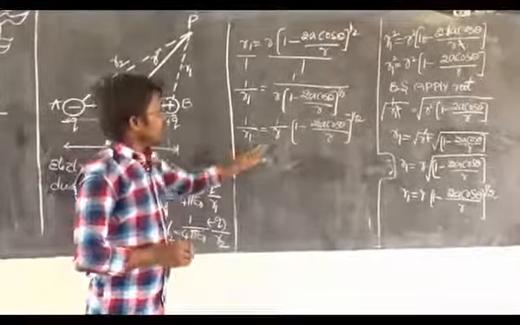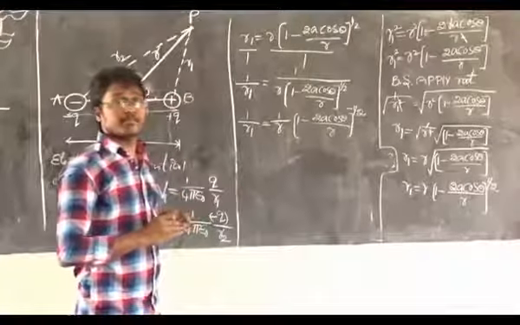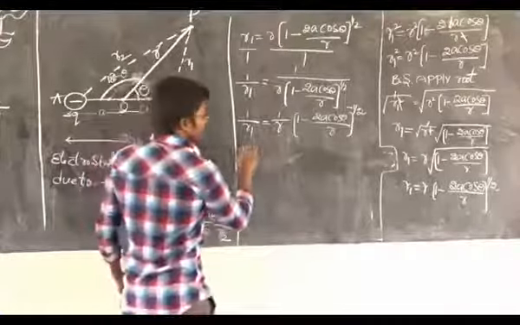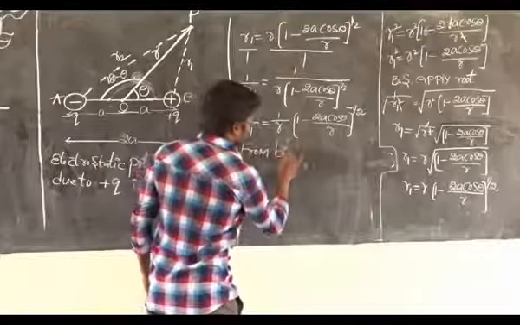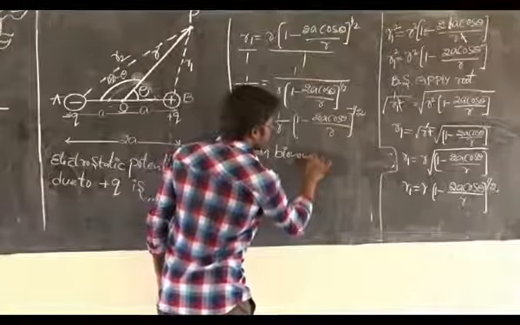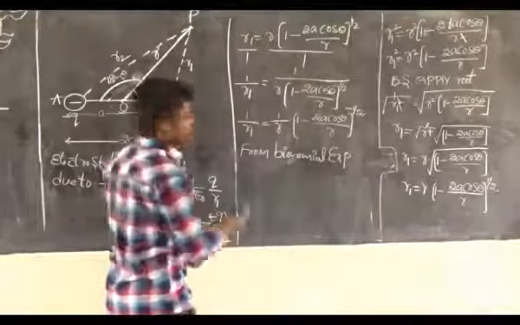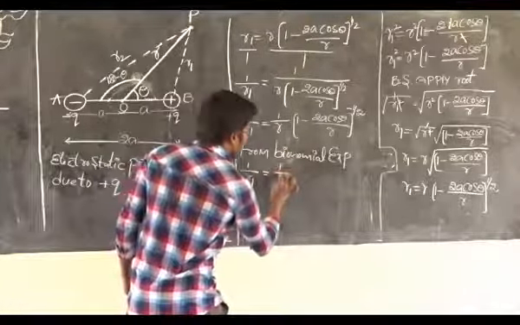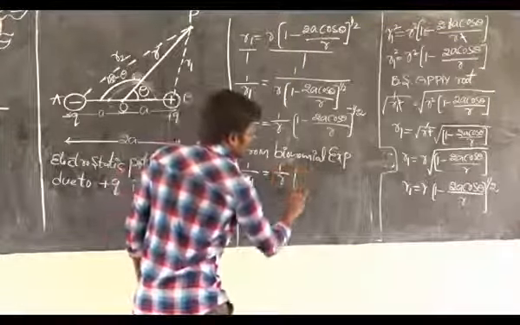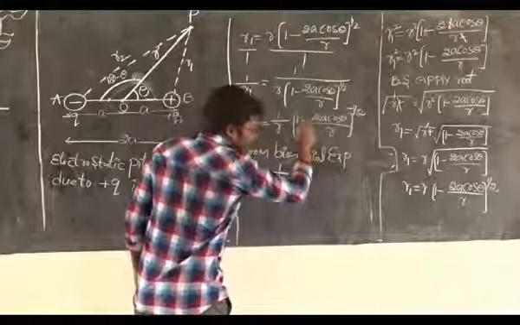Okay, 1 by R1 is equal to this one. Now you can apply the binomial expansion. 1 by R1 is equal to 1 by R into 1 plus 2a cos theta by R, with power minus 1 by 2 inside.